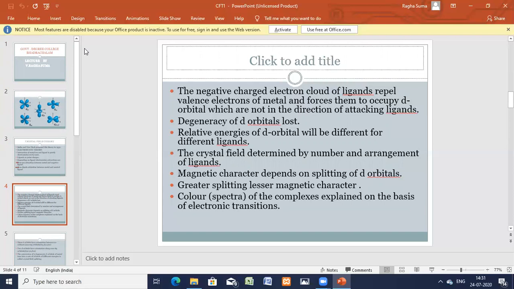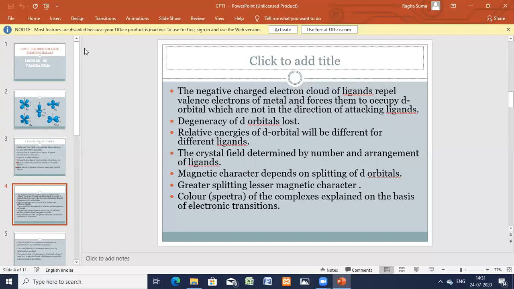Greater splitting means less magnetic character, which means you are having all paired up electrons.